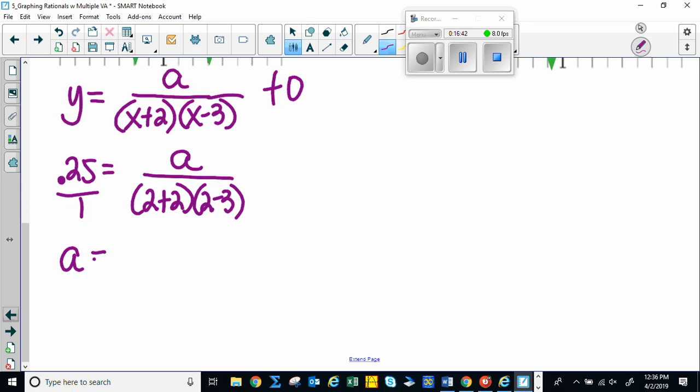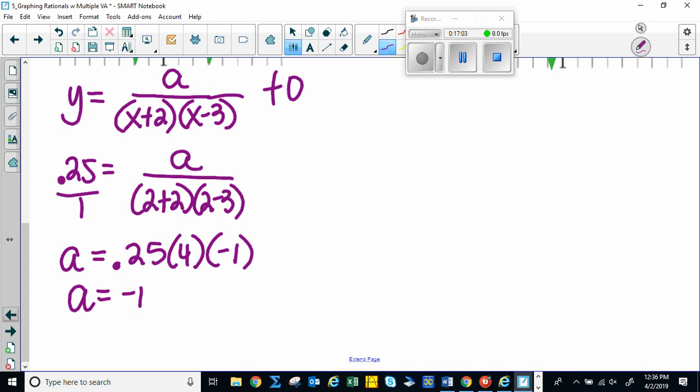So A equals 0.25 times 4 times -1. Well, 0.25 is a fourth, and a fourth of 4 is 1, and 1 times -1 is -1. But if you want to type that into your calculator, you can do that as well.